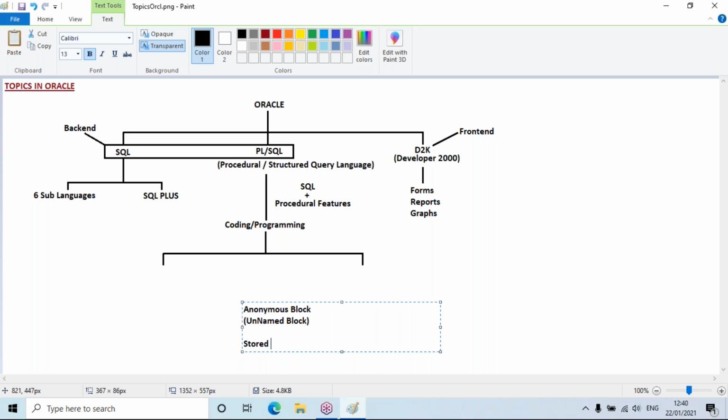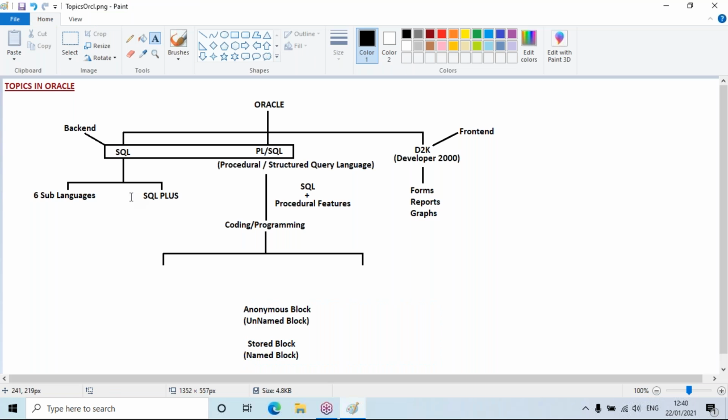Another part is stored block programming, or you call it named block programming.